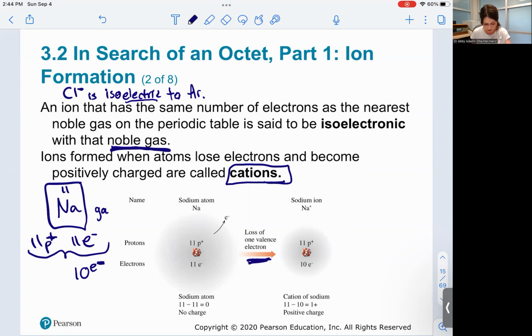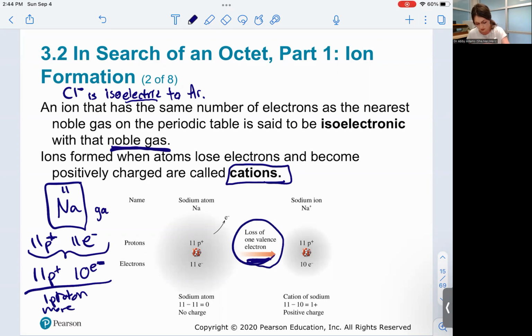You have 10 electrons and you have 11 protons. Then you have a positive charge because you have one more proton than you do electrons. You got rid of that valence electron, and you would write this as the chemical symbol plus, right? It's got a positive charge, one more proton than electron. It's not neutral anymore, right?